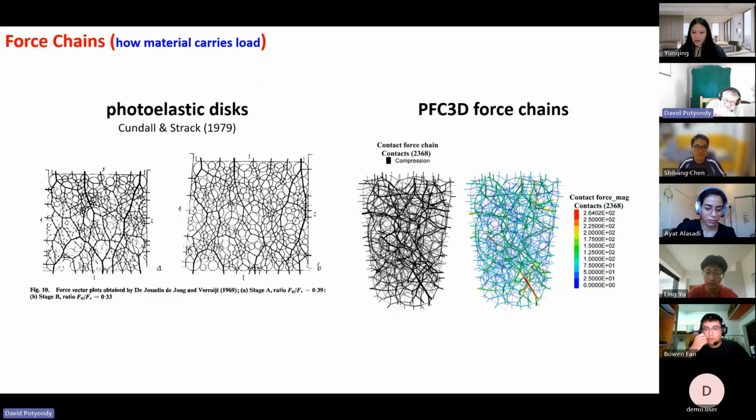The verification is in the sense of how closely does the model behave like these disks? And for rigid disks, not rigid, but very stiff disks, the model and the experiments they do photoelastically, people have convinced themselves that there is a very, very good correspondence.